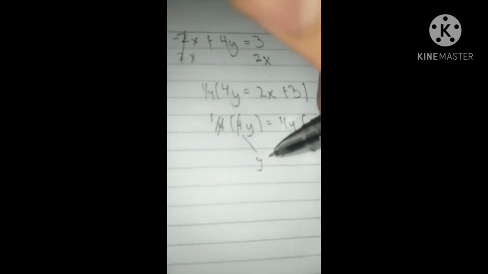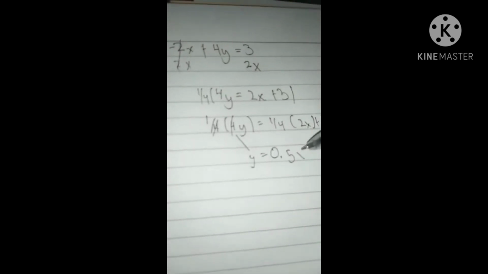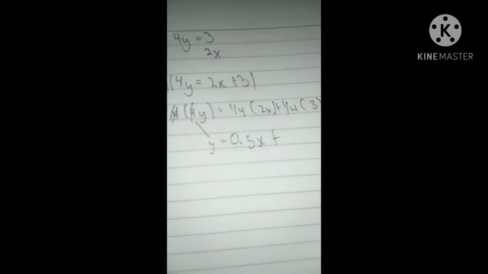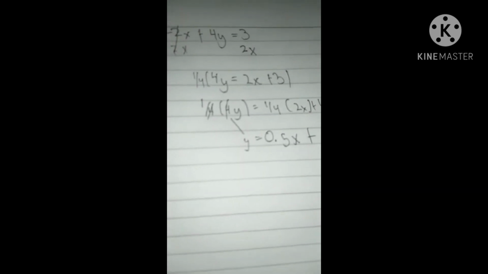So next is equals, 1/4 times 2x. The answer on that is 0.5x, plus 1/4 times 3 is 0.75.